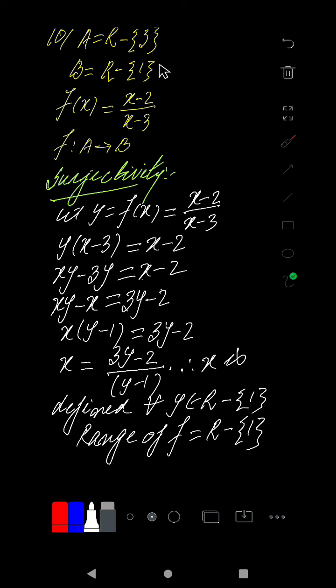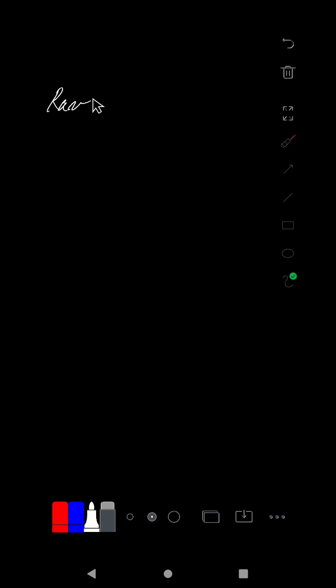But R minus {1} is given as set B. So we may write it as B. And B is the codomain because f is from A to B. So codomain is also B. Range of f is exactly equal to codomain of f.